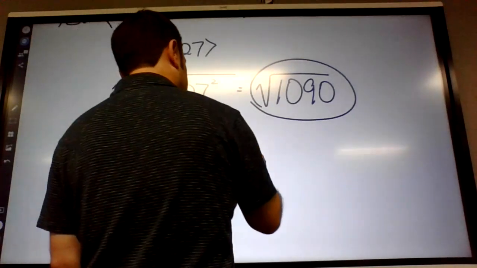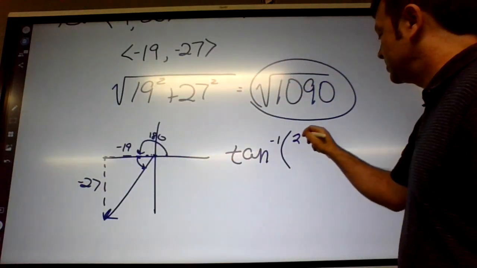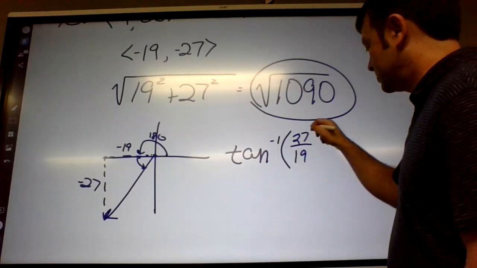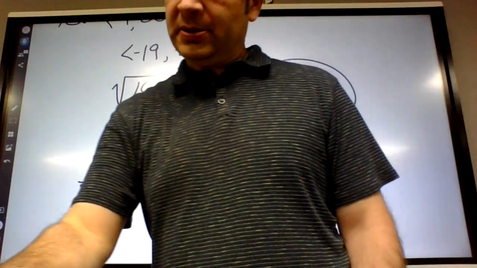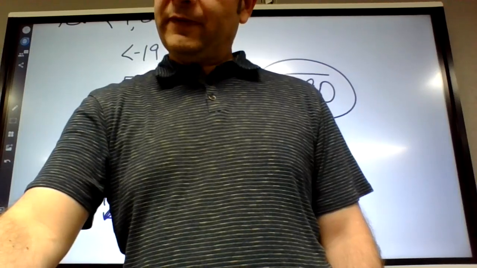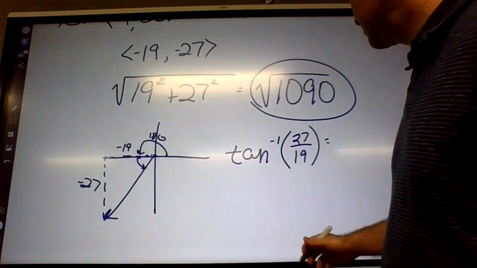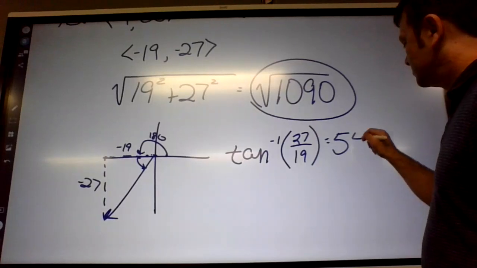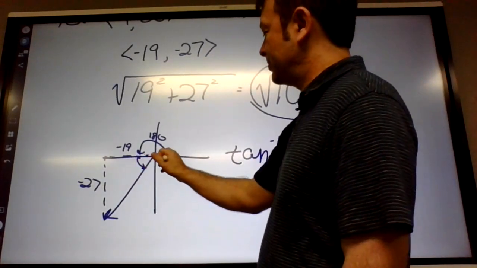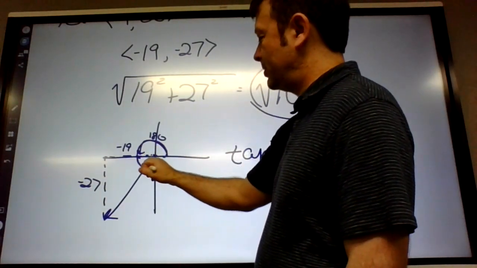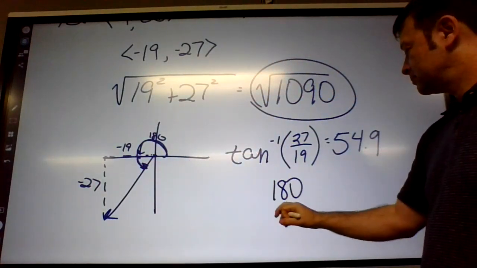So we need to do tangent inverse of opposite over adjacent. Anybody plug that in already? Is it 54.9? That would be this angle, so the whole thing from there to there would be 180 plus 54.9.